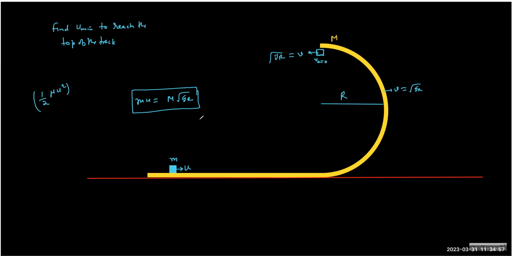For reaching the top, the V relative must be root GR. So if I take the velocity of the block as 0 and the track to be moving with root GR, my job is done, isn't it? Because momentum must be conserved, since net momentum is towards the right.